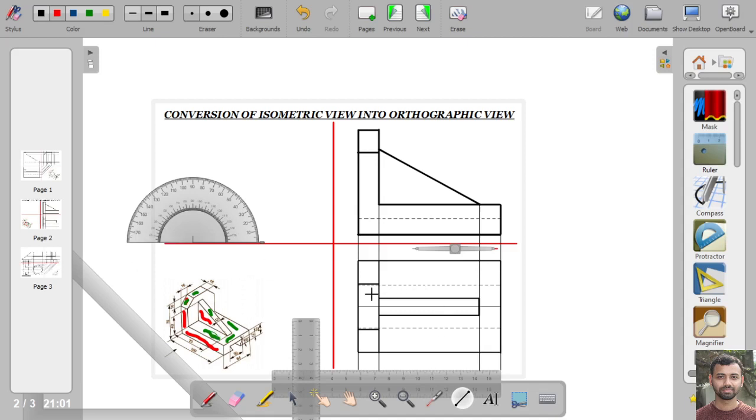So we will project all these points in the left profile plane.